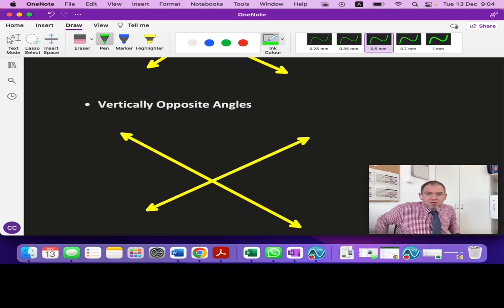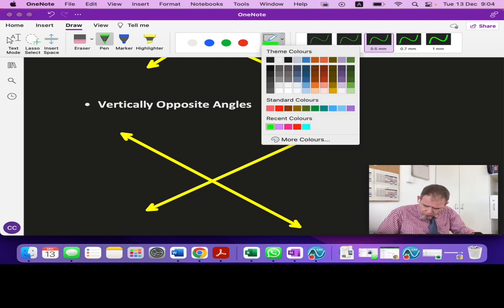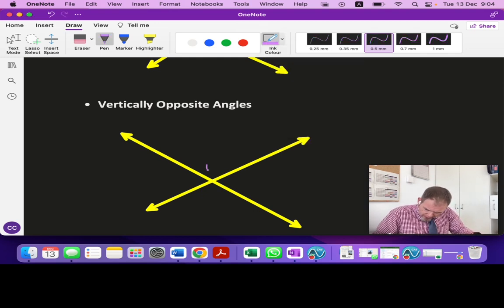Now, my favorite angle theorem is the vertically opposite ones. I'm going to show you this by saying that if this is 120 degrees, we're going to use the angles on a straight line, the supplementary angle idea. And real quick, what is the measure of that angle?